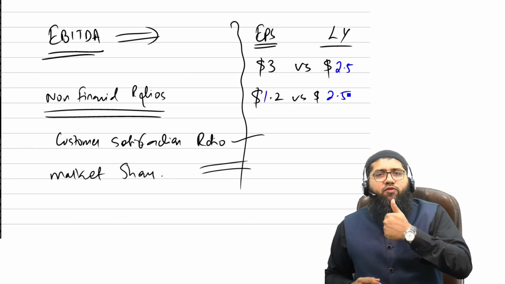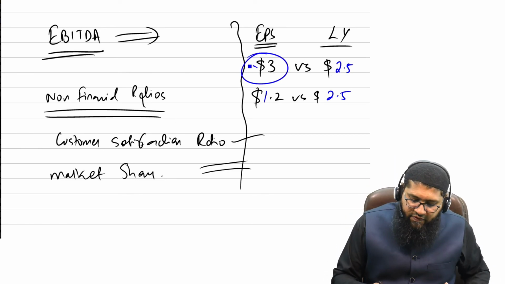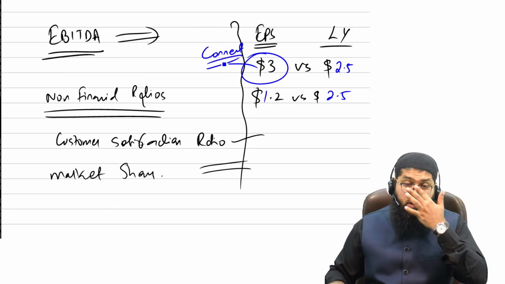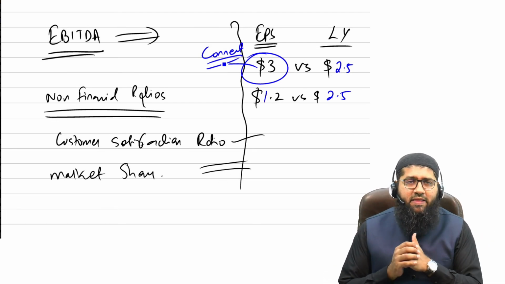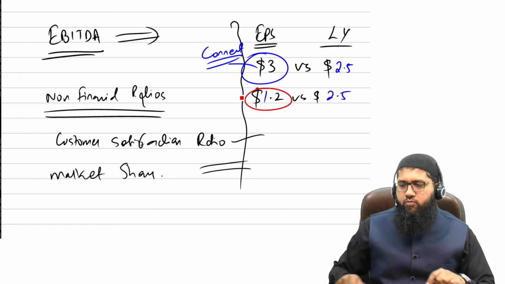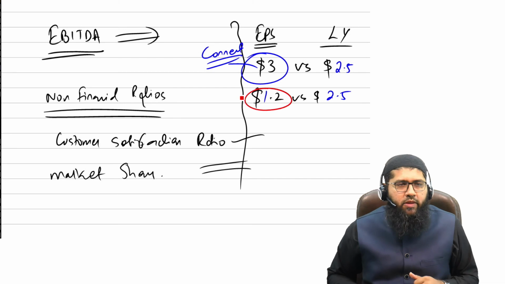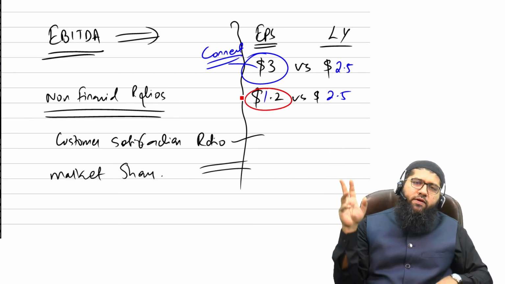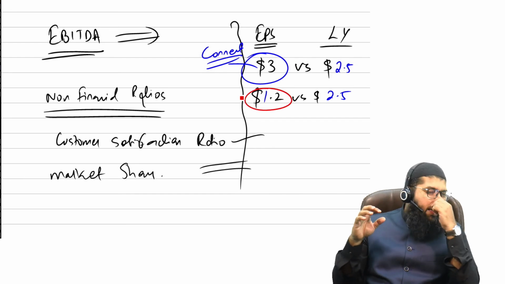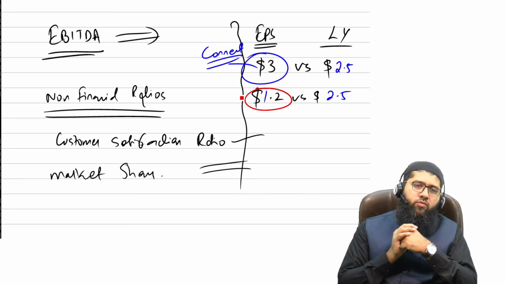Last year EPS was 2.5. The correct answer for this year is 3. That means the entity's performance has improved. But I got 1.2, and I compared this 1.2 with the 2.5 of last year. And I went on to write things and gave valid arguments. I will get marks.